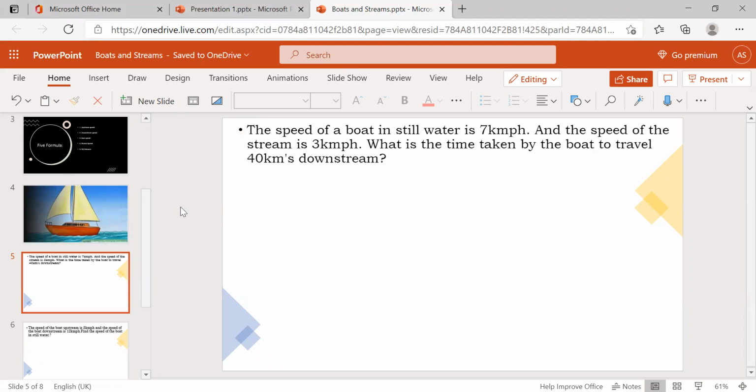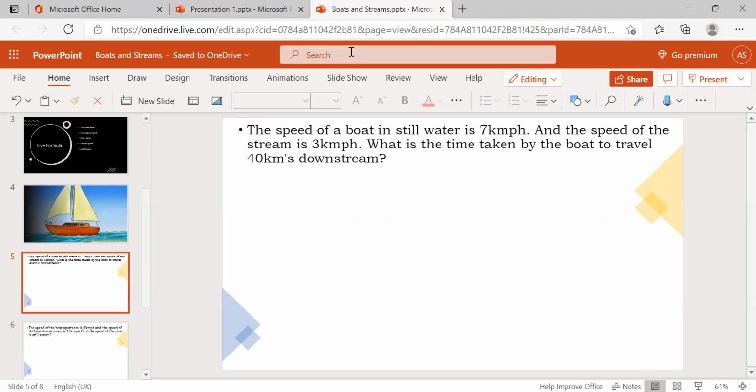The speed in still water is 7 kilometers per hour, and the speed of the stream is 3 kilometers per hour. The stream or river flows at 3 kilometers per hour. What is the time taken by the boat to travel 40 kilometers downstream? They are asking, in the downstream, how much time, right?